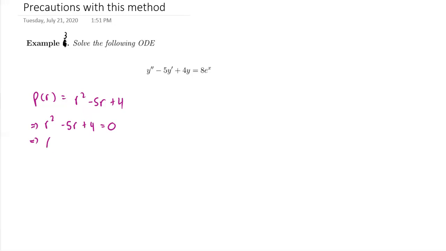If not, just use the quadratic formula, but I think it does. Yeah, it's r minus 1 and r minus 4. So from this, we get the general solution: c1 e to the x, since 1 times x is just x, plus c2 e to the 4x is the general solution.